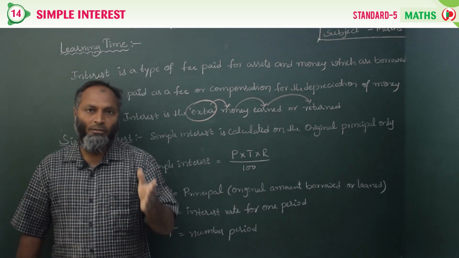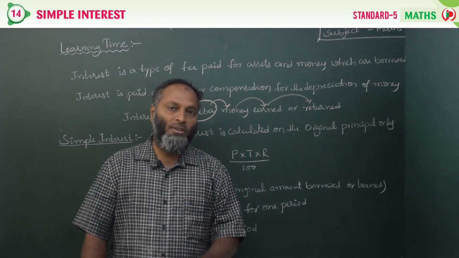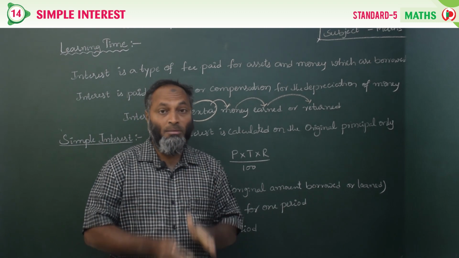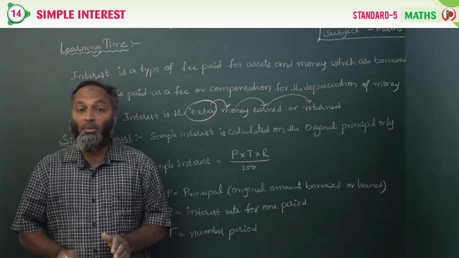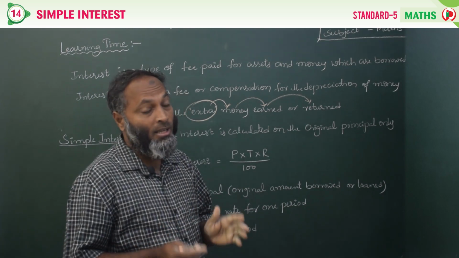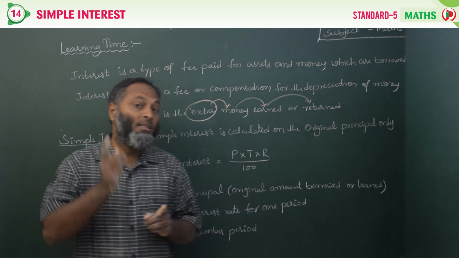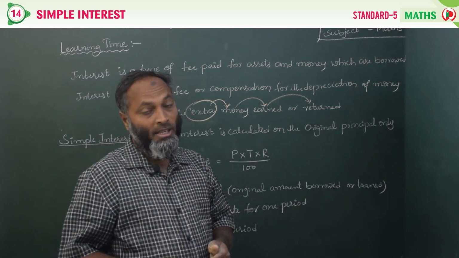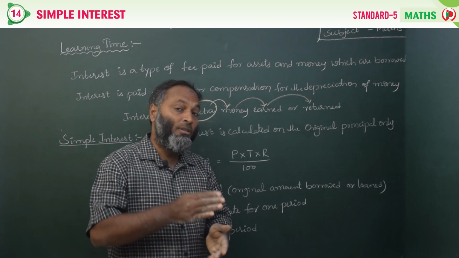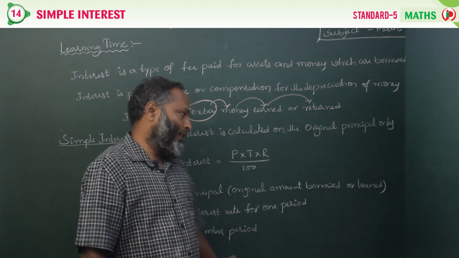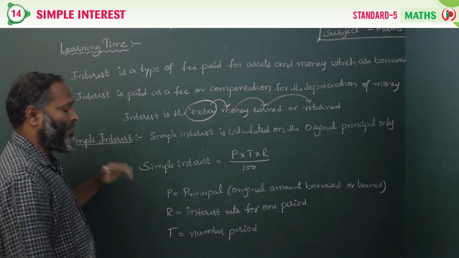Principal amount means if we are taking 1000 rupees from the bank, whatever amount we are taking, that is the principal amount. So in simple interest, on which amount are we calculating interest? On the principal amount. Whatever amount we are taking, only on that amount we are calculating interest in the simple interest case.